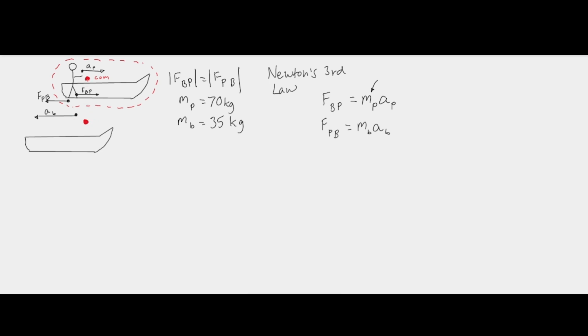It stays at the same spot, but now the person is going to be in the front of the boat. They will have moved at one half the acceleration that the boat moved. Remember, the boat is going to be moving faster than the person. So the center of mass doesn't move, and we can say the whole system has not accelerated at all.